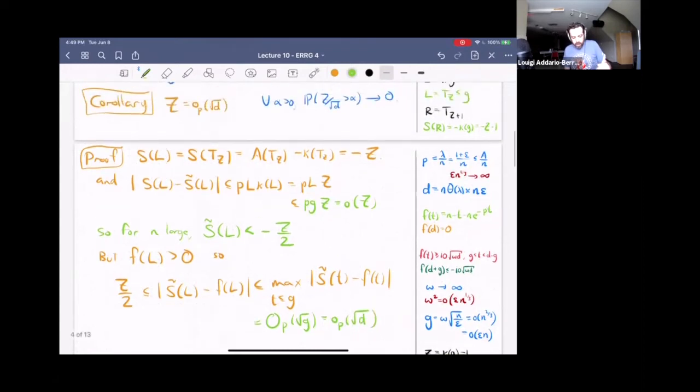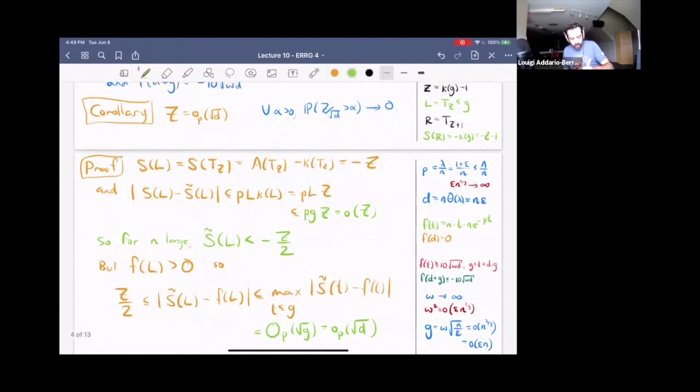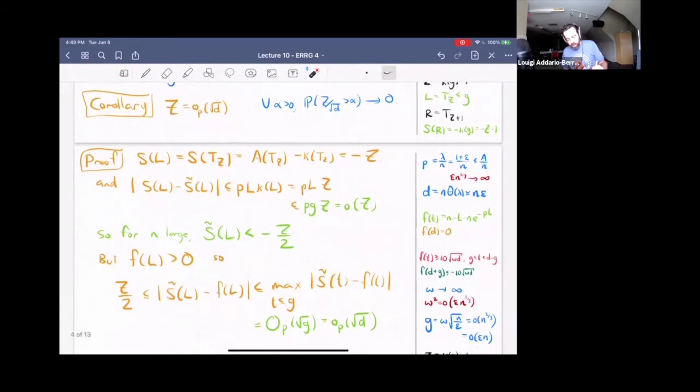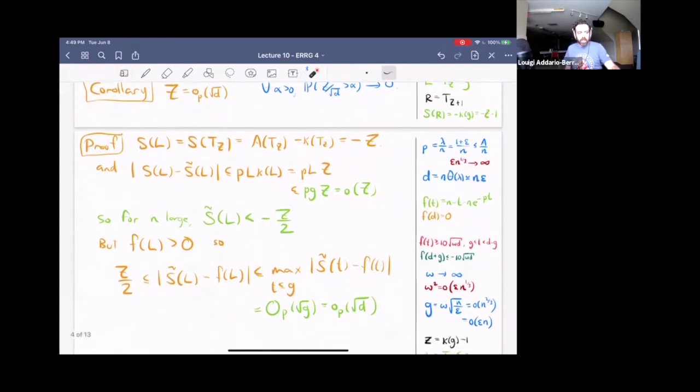Okay, and that was precisely our goal for this corollary, to say that z is little o of root d. So that was just a matter of combining the fact that f is positive with the bounds we have on the differences between S and S tilde and S tilde and f, to say that we haven't seen too many components before time g.